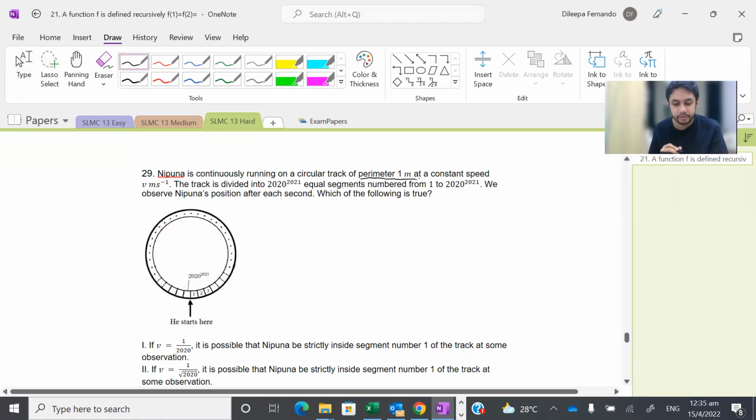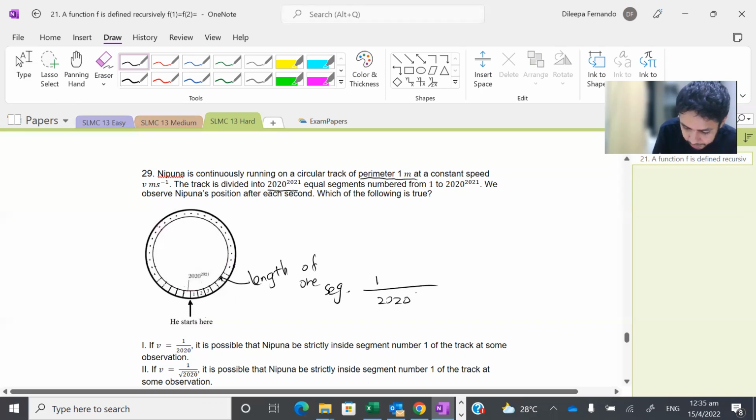The perimeter is 1 meter, and the track is divided into equal segments, like 2022 or 2021 segments. That means the length of one segment is 1 over 2022, or 1 over 2021, and the segments are numbered 1, 2, 3, and so on.